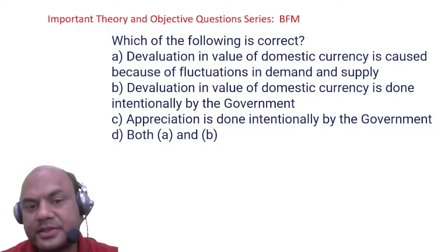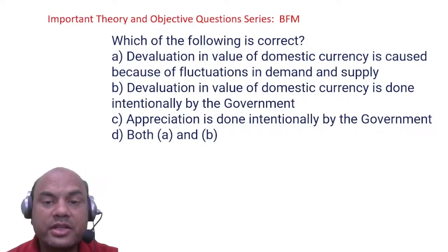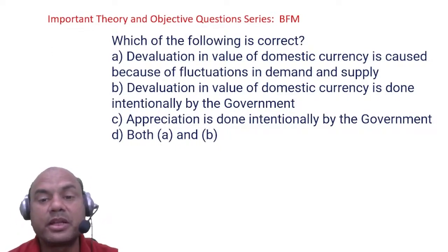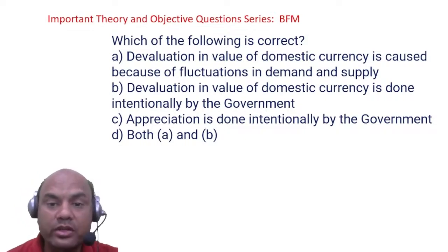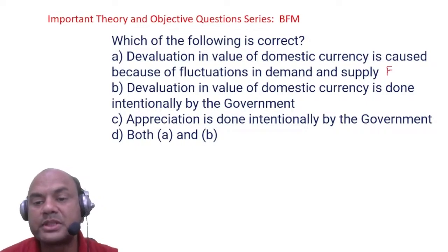What is the answer? Devaluation in the value of the domestic currency is caused because of fluctuations. Devaluation is done by the government. Revaluation is done by the government. So this is false, right? Devaluation in the value of the domestic currency is done intentionally by the government. True.